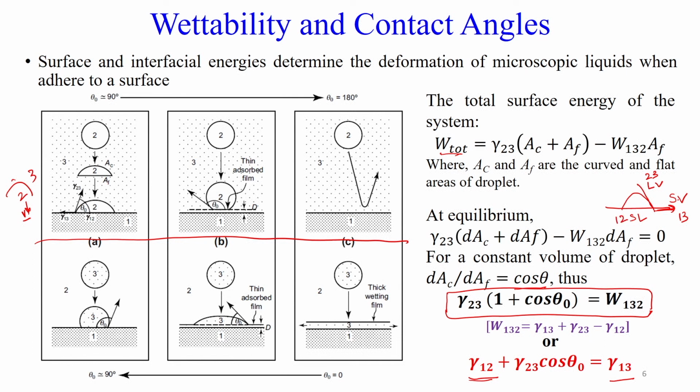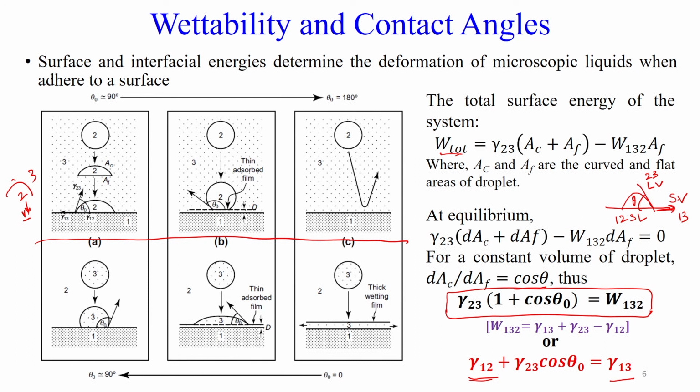So, this is coming out to be same, gamma solid vapor is equal to gamma solid liquid, this angle is theta, plus gamma liquid vapor cos theta. So, again from here you just see this is how the Young's equation is derived from this.